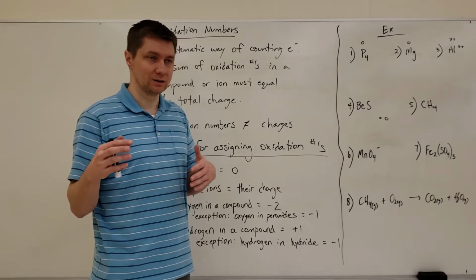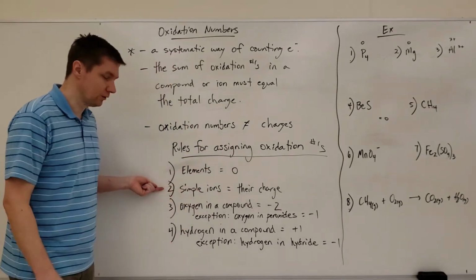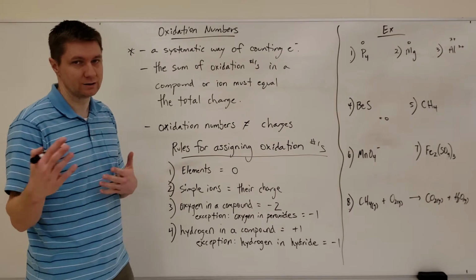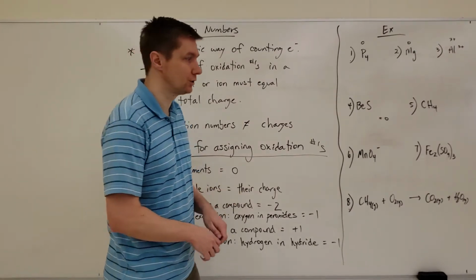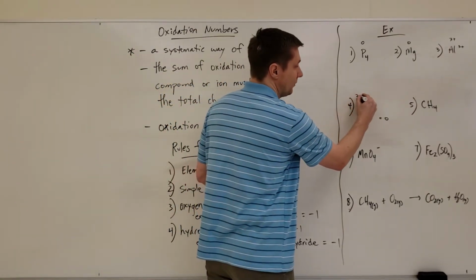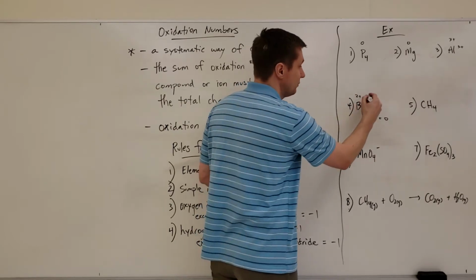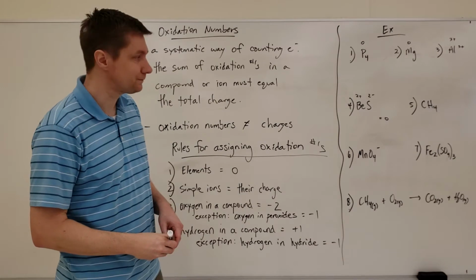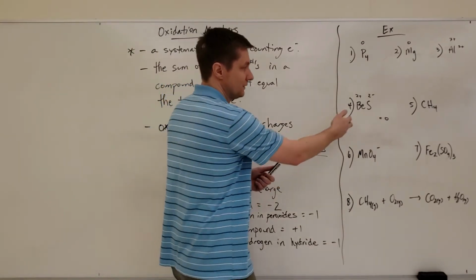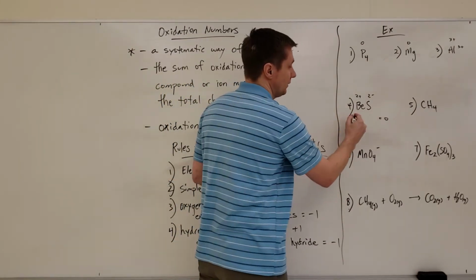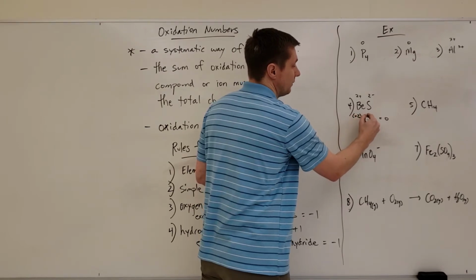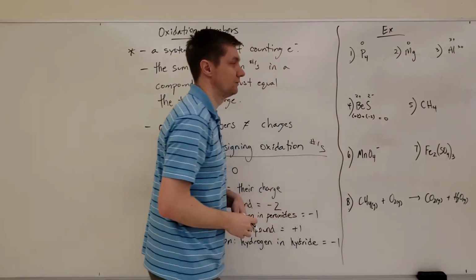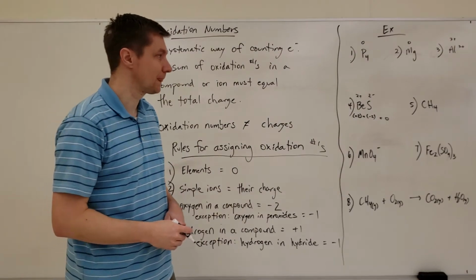And because these are simple ions, it can follow this second rule here, which is that simple ions have an oxidation number of just their charge. So the beryllium atom here is going to have a +2, and the sulfide ion is going to have a -2. And if you add these together, you can see that 2 positive plus 2 negative gives me 0, and that works out. Okay?